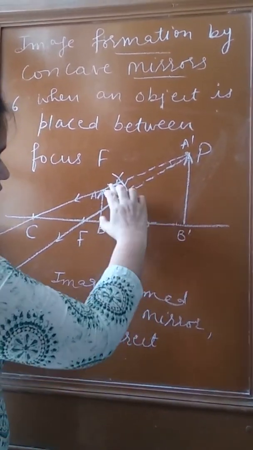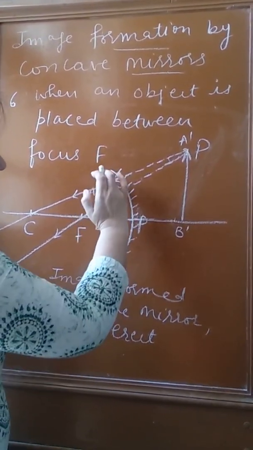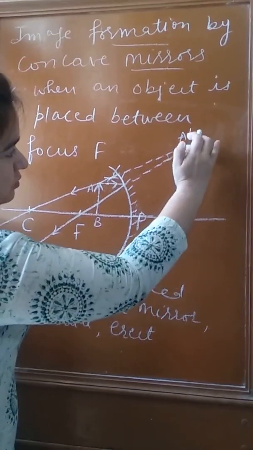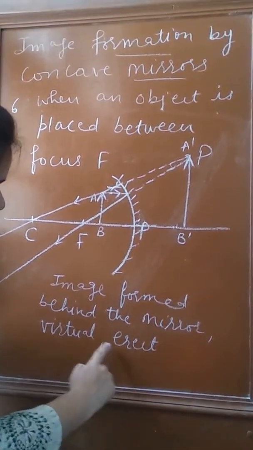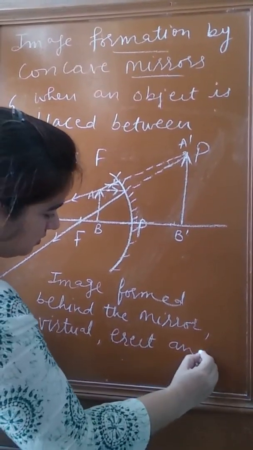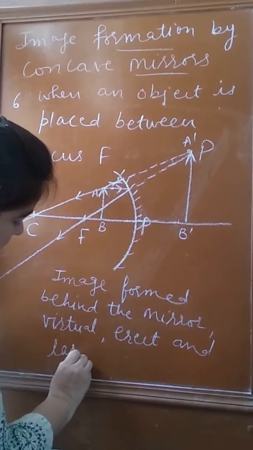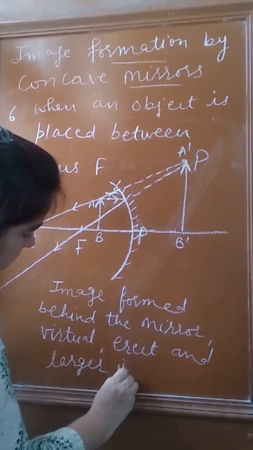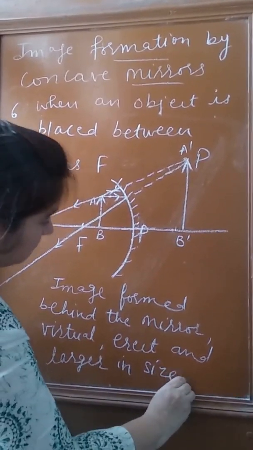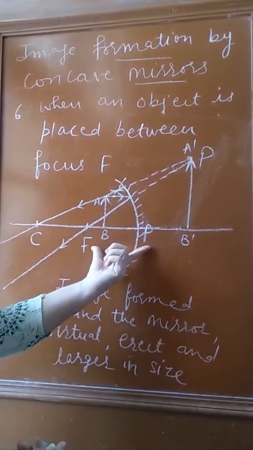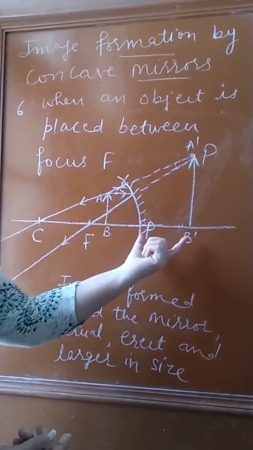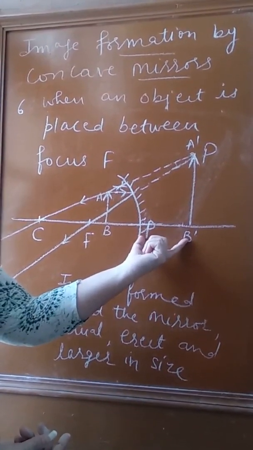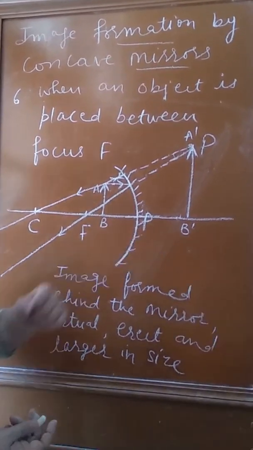Erect means straight. Object AB is upright above the principal axis. Image is also above the principal axis and erect. Virtual, erect and larger in size. This is the case in which the object is placed between pole and focus and the image formed is virtual and larger in size.